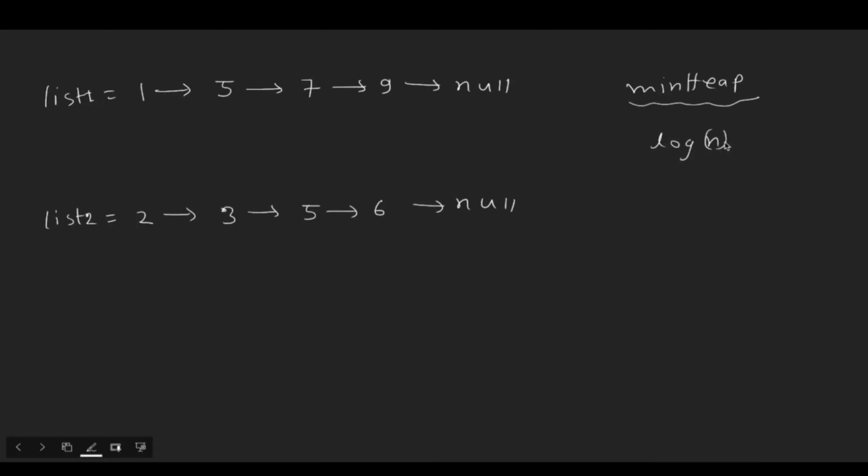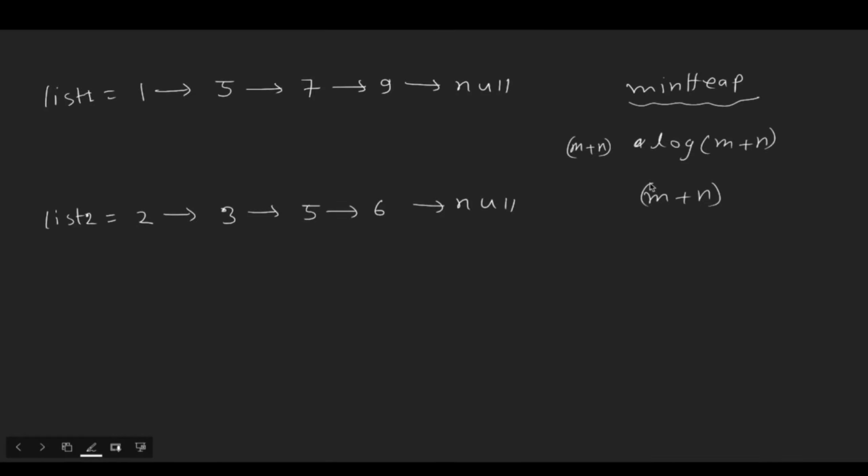So here it should be log of m plus n, and we have to do this m plus n times. So this algorithm will take time complexity of m plus n times log of m plus n, and space complexity of m plus n. This is not efficient.